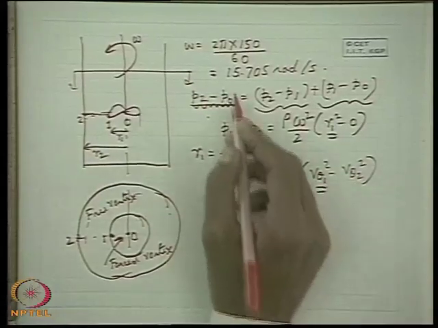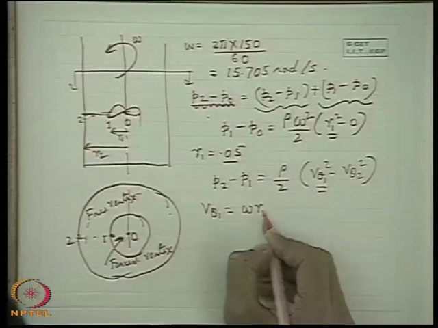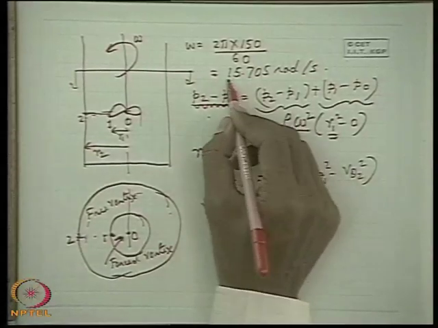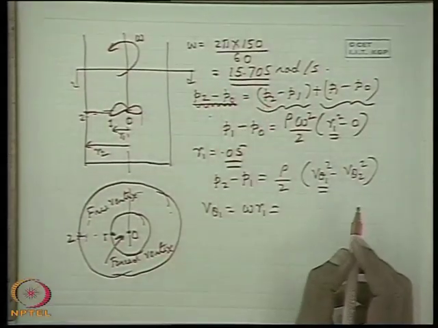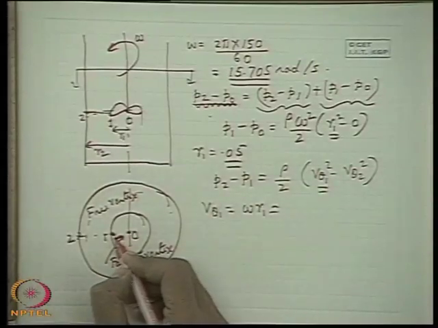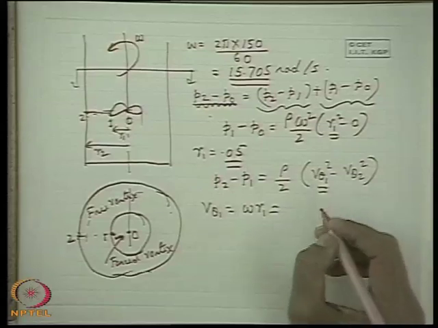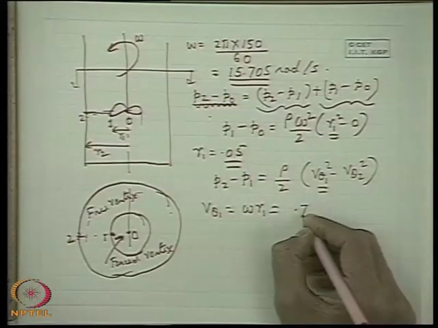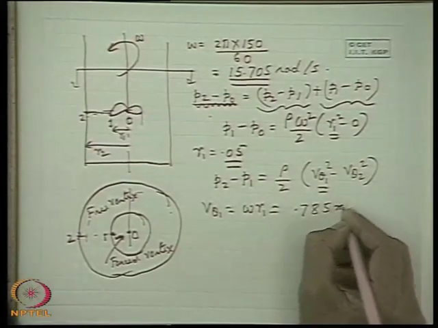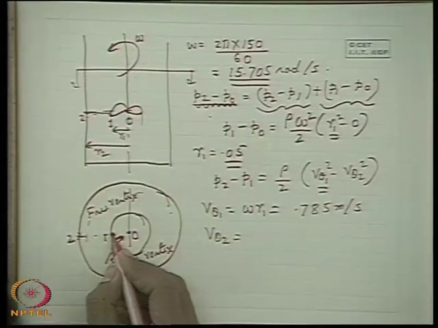V theta 1 is omega into R1, with R1 as 0.05. If you calculate, V theta 1 at this radius is 0.785 meter per second.